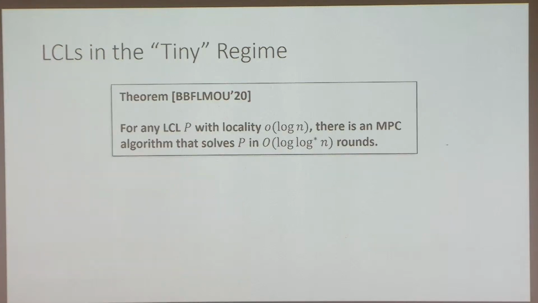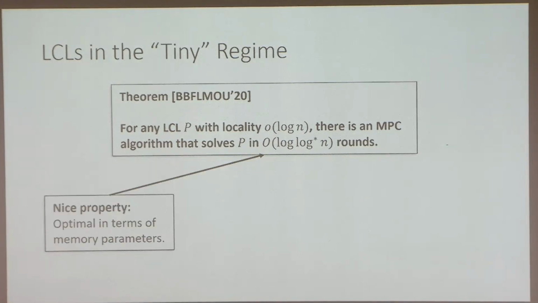Now, just to mention the result we had, basically it's now this MPC version of the result by Chang, Kopelowitz, and Pettie, which says that if I have a fast local algorithm, I get a log log star n round MPC algorithm.